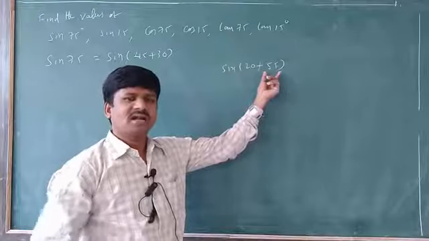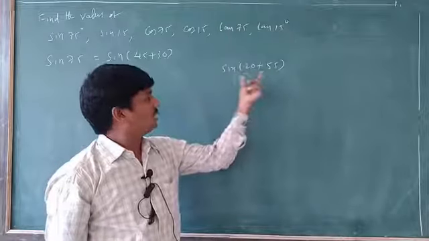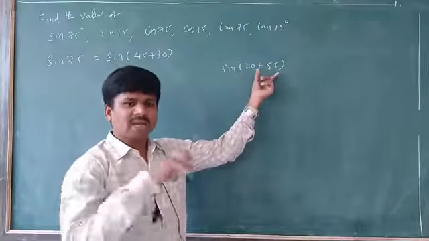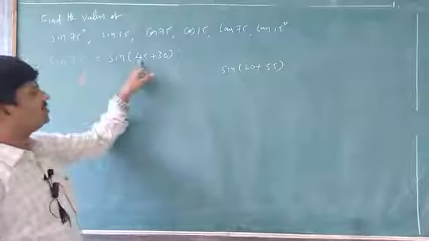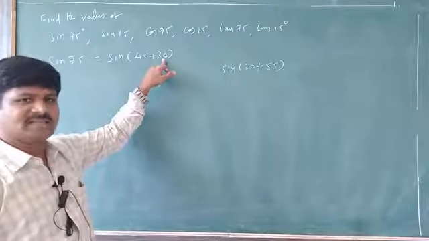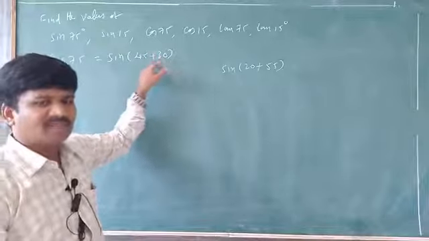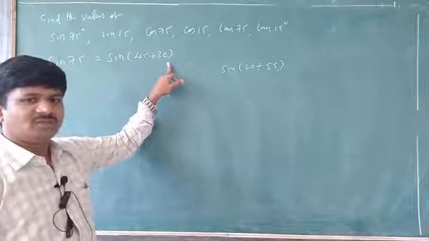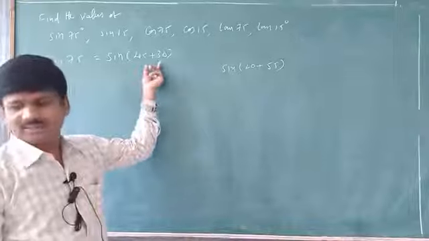We don't have them. That is why you cannot write it like this. You should write 75 as 45 plus 30.